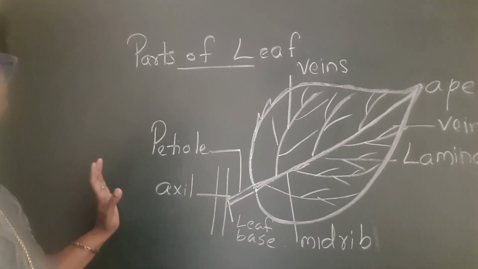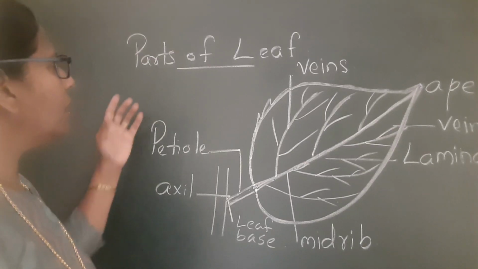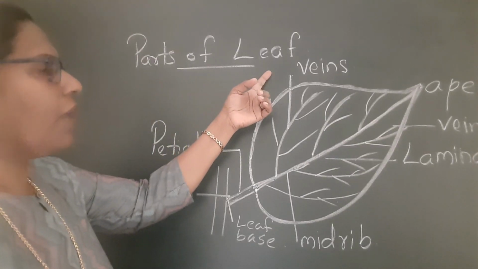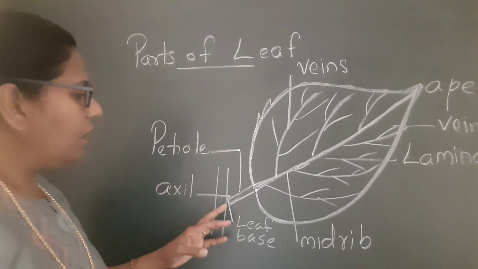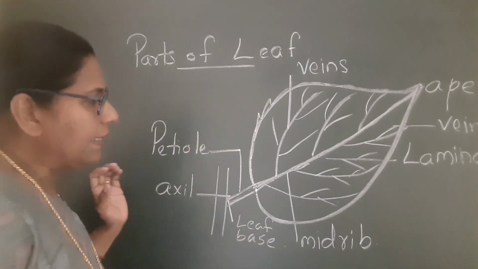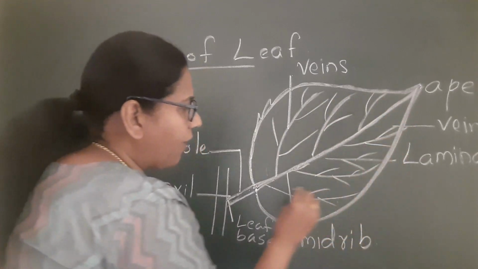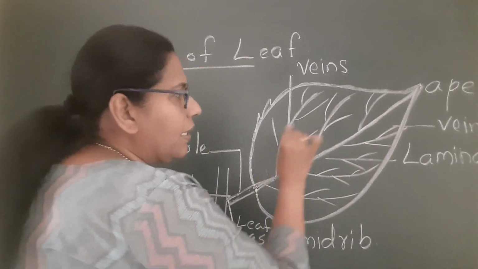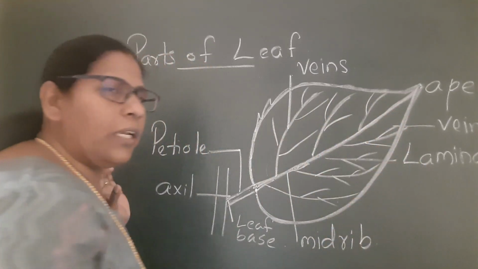So once again, parts of the leaf. The first one is the broad, flat, green part, called lamina or leaf blade.